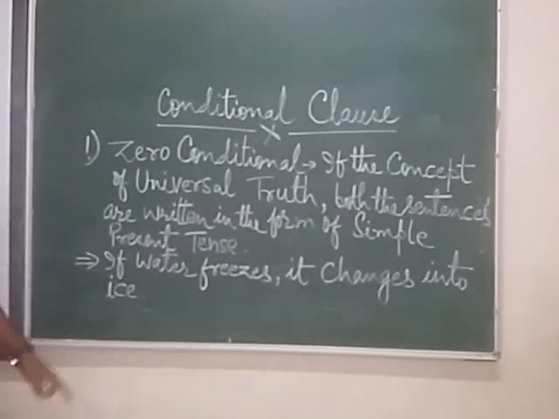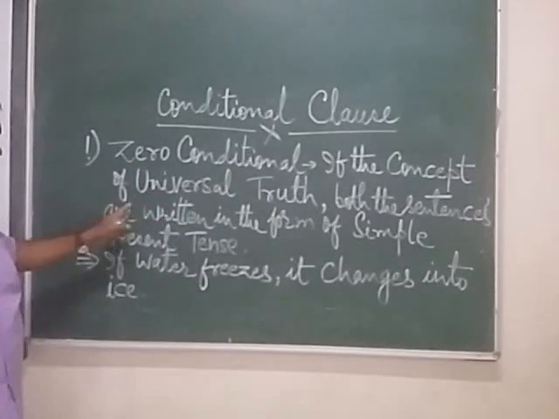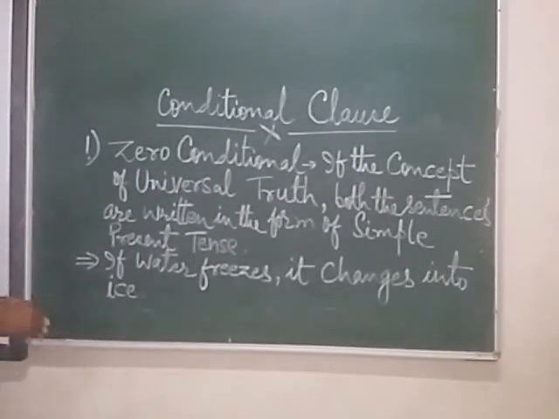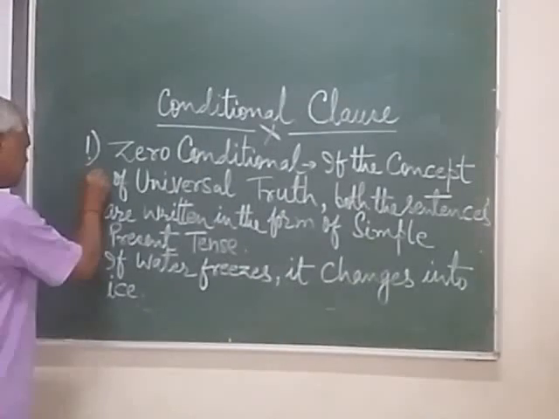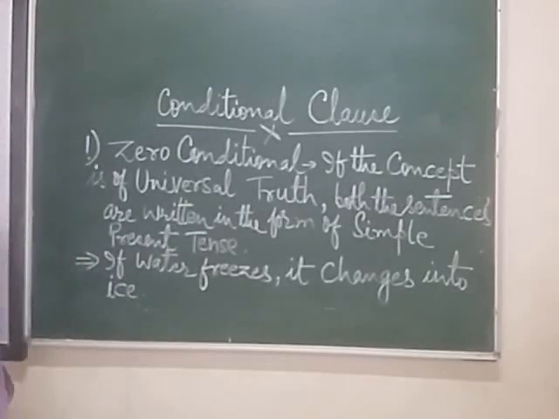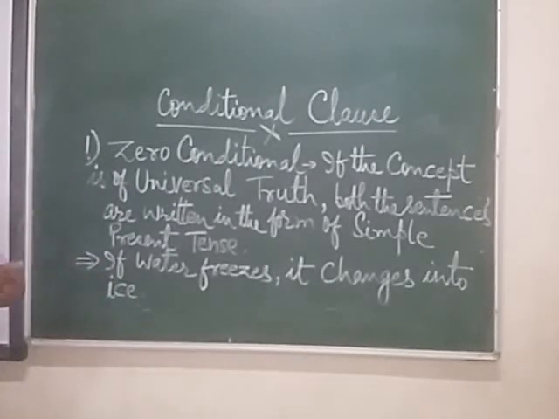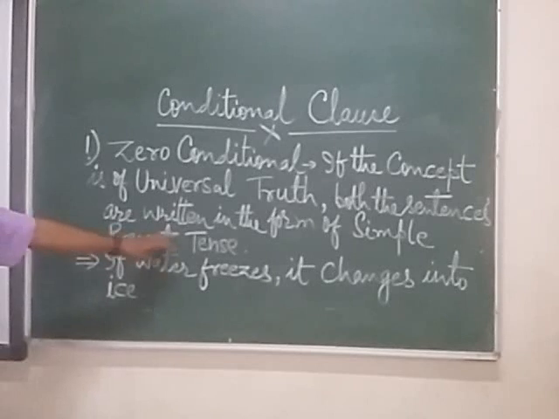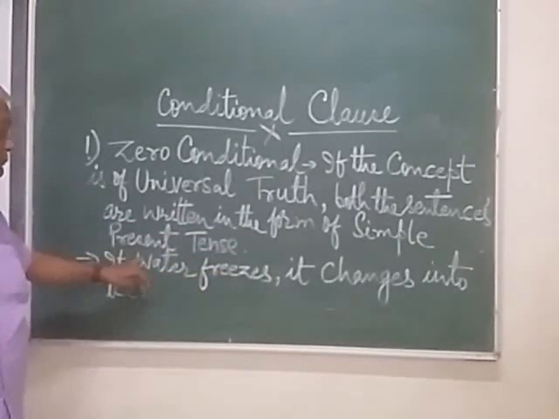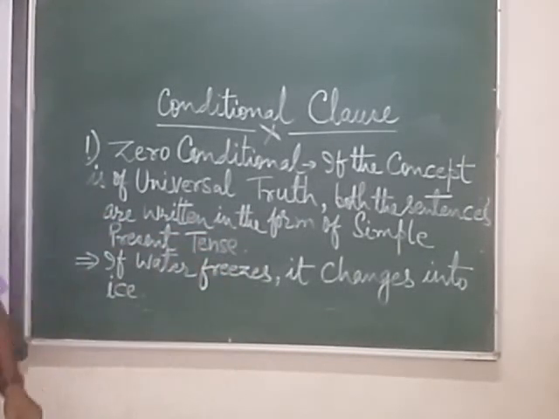What is that? If the concept is of universal truth, then both the sentences, that is the principal clause and the conditional clause, are written in the form of simple present tense.